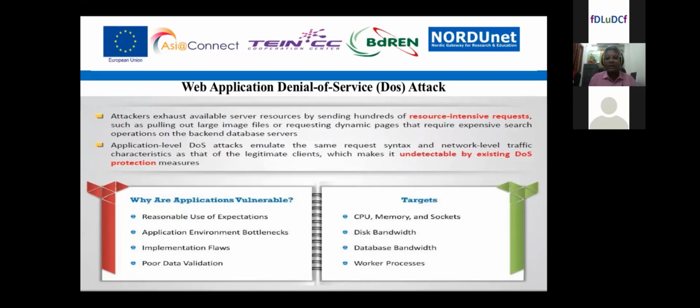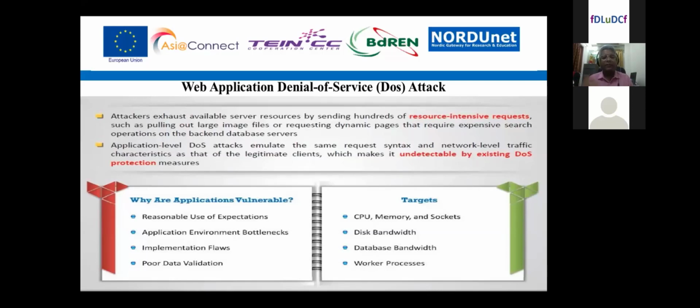In a web application, why will attackers do a DDoS attack? The attackers will try to set up a bottleneck in the application environment, and they will try to reduce your bandwidth.